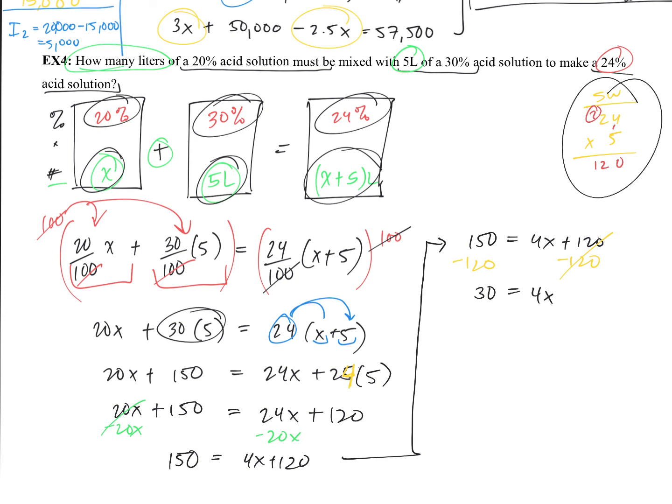We're almost there. 4x. How do we get rid of that 4 by the x? We'll divide by 4. And 30 divided by 4. Well, let's go ahead and figure that out. We could either simplify it in a fraction, or we can do the decimal approach. I'm pretty much fine with a simplified fraction, so you don't need to find the decimal if you don't want to. I know that both of these are divisible by 2, so 4 divided by 2 is 2. 30 divided by 2 is 15. So 15 over 2 equals x.